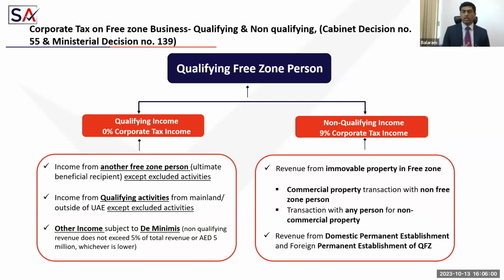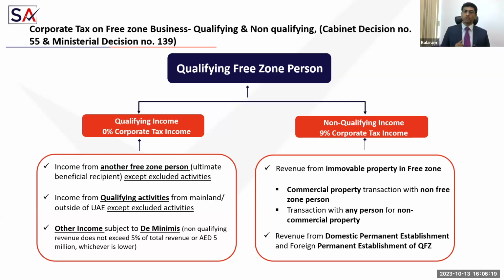Not only this, any revenue that a free zone company derives from a domestic permanent establishment or a foreign permanent establishment, the entire income or profit derived from that permanent establishment will be subject to tax at 9%. So what is a domestic permanent establishment?